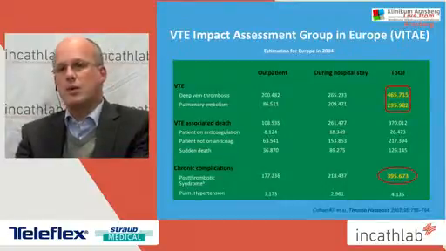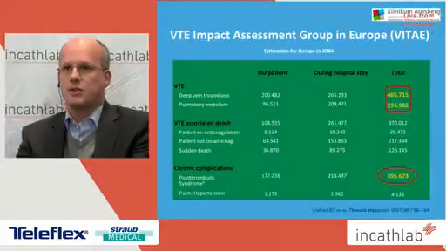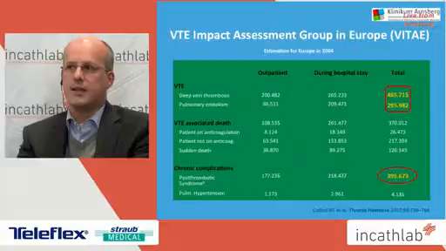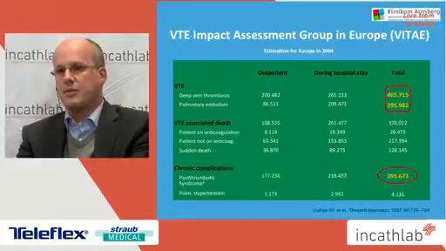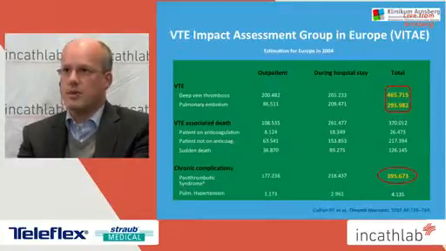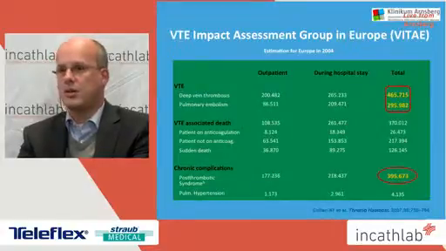What we know is that there are a lot of patients in Germany suffering from deep vein thrombosis, a complication of pulmonary embolism. But what we definitely also know, from this estimation from 2004, is that a lot of patients suffer from post-thrombotic syndrome, because these patients are only treated with compression therapy and anticoagulation.